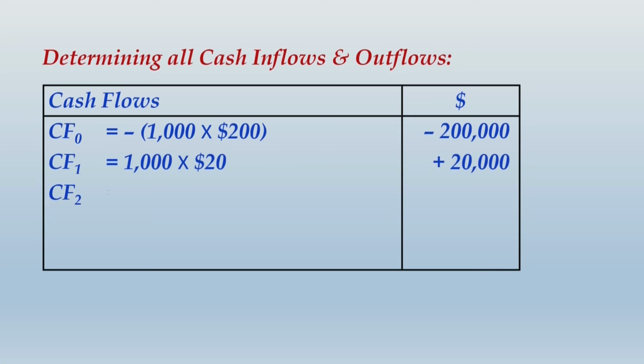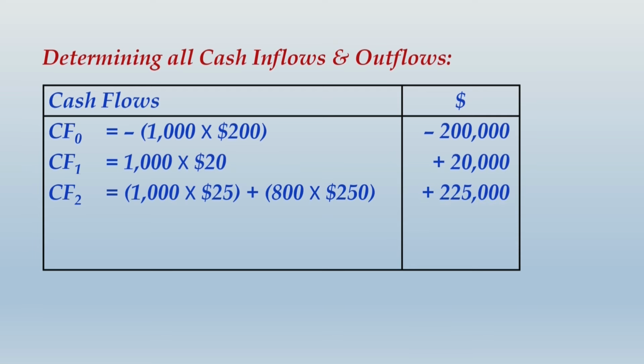At the end of year 2, there was a cash inflow towards dividend on 1000 shares and a cash inflow by sale of 800 shares. The total cash inflow at second year is $225,000. Then at the end of third year there will be a receipt of dividend only on 200 shares because 800 shares were sold by the client earlier.